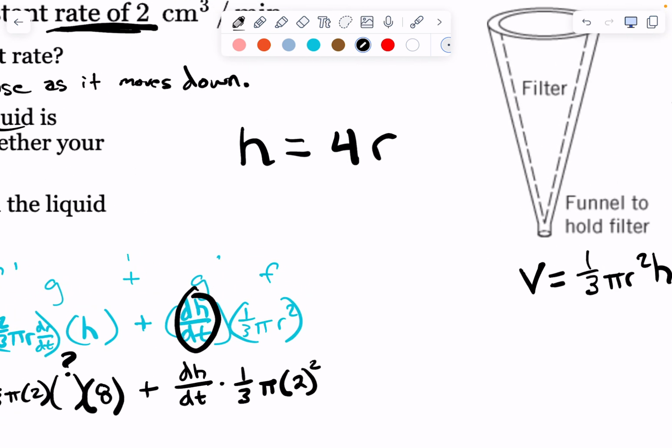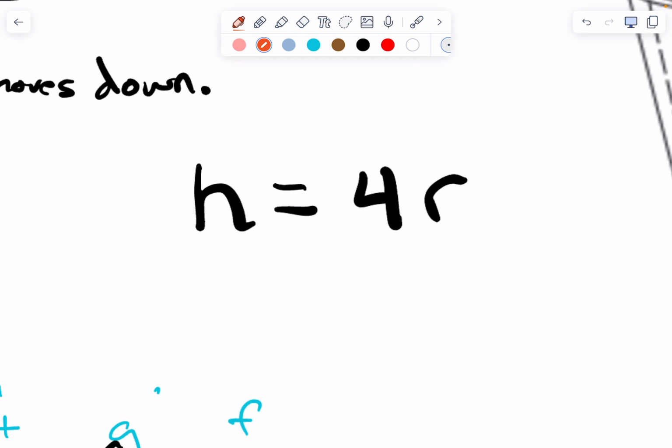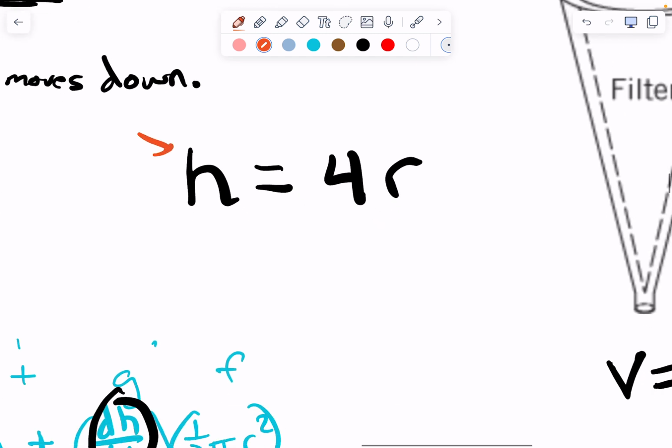Are you ready for this? We don't know dr dt, right? Here's what we're going to do. We know that h is equal to 4 times r. Let's take the derivative of this little guy. What's the derivative of h? dh dt.